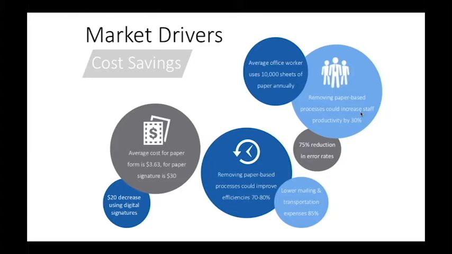Amazing. In fact, in a study on the benefits of e-signatures, Ombud Research came up with the following numbers. With the use of digital signatures, it costs $20 less per document compared to paper-based signatures. As we can see, the benefits are plenty.